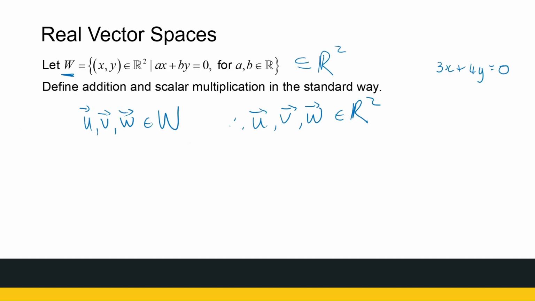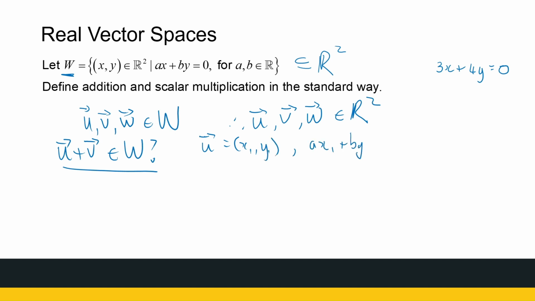For two elements in W, I want to see, will u + v also be in W? That's what we're looking at. If I add two elements, will they again be in W? Well, if u = (x1, y1), then I know that ax1 + by1 is going to be 0. If v = (x2, y2), I know that ax2 + by2 is going to be 0. So what happens if I add u and v?